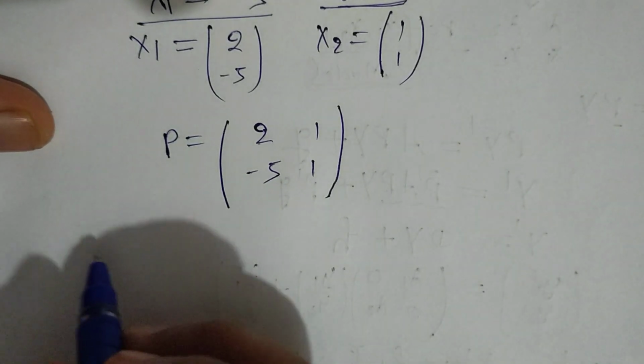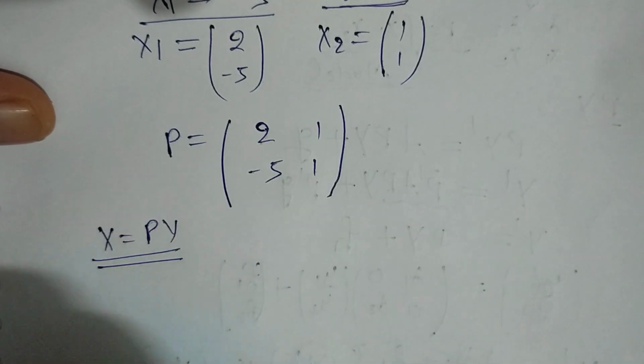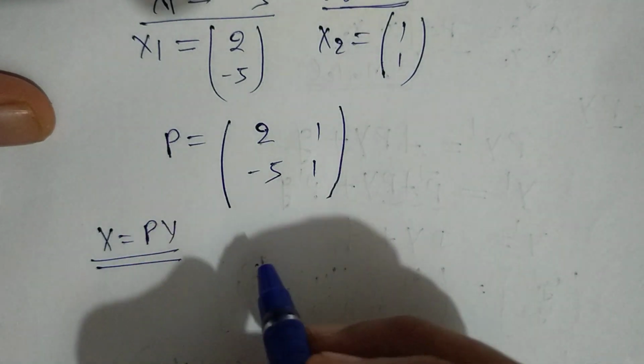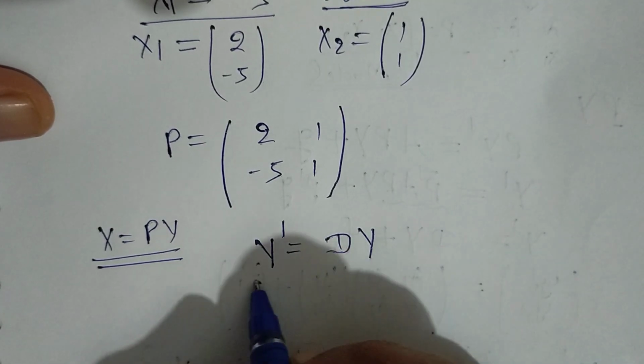Using this transformation X equal to PY, our system of equations reduces to Y dash equal to DY, as we have just seen.